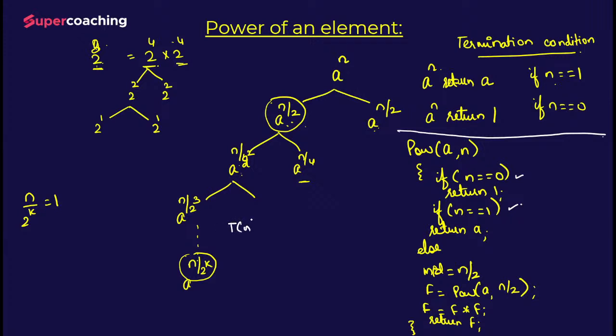So T of n is equal to, if n is equal to 0 or n is equal to 1, then it is going to take constant time क्योंकि directly value return कर रहे हैं. Correct? Second one is, if n is greater than 1, then we need to divide the problem.